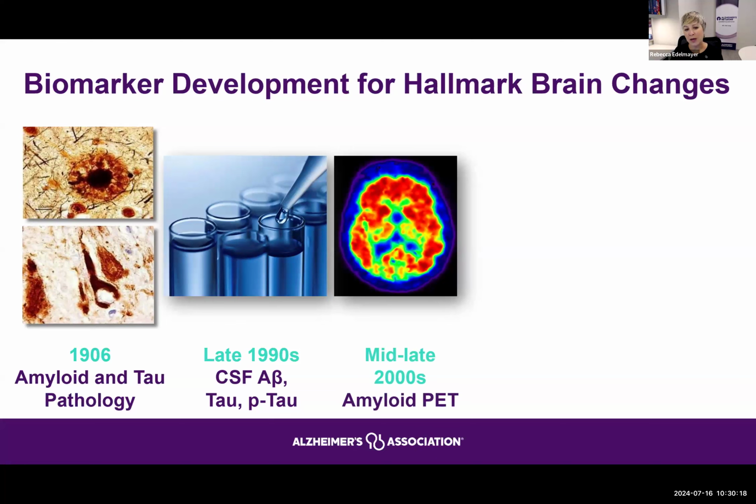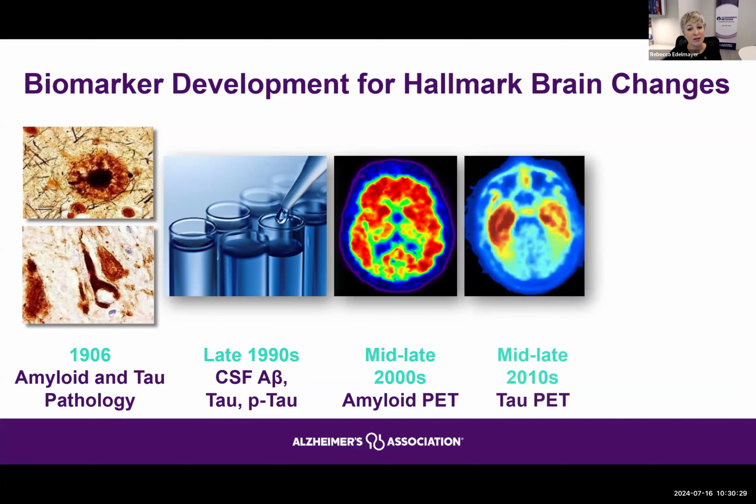In the mid 2000s, we saw advancements in amyloid PET imaging. This is a way we could actually look at those amyloid plaques through images of the brain in an individual that is living. We saw advances in tau PET imaging as well in the mid to late 2010s.